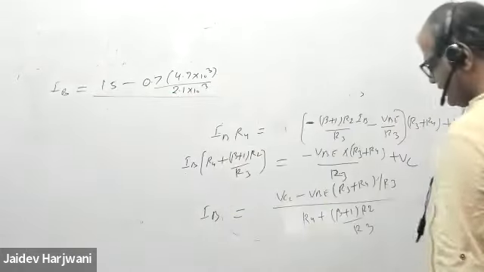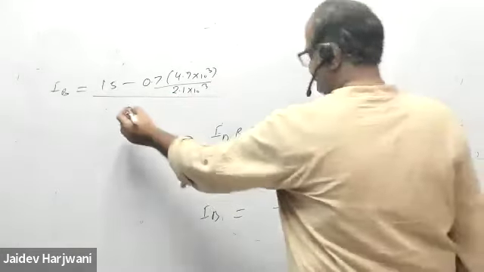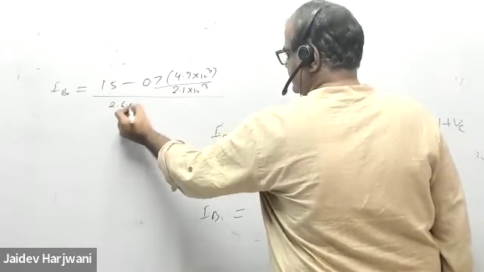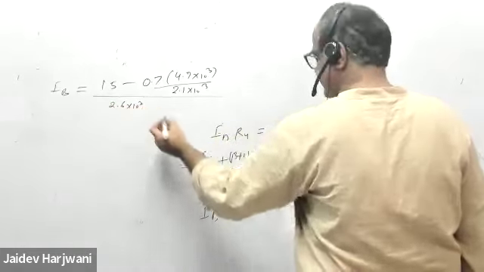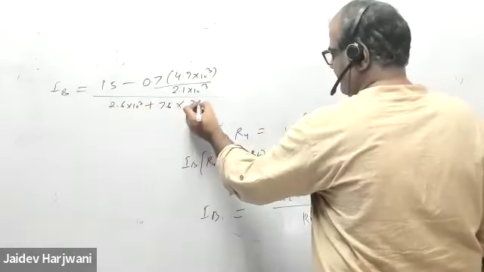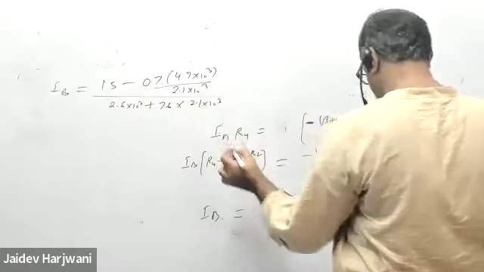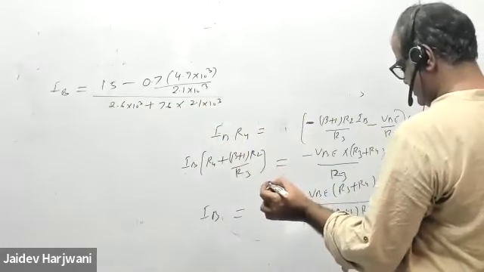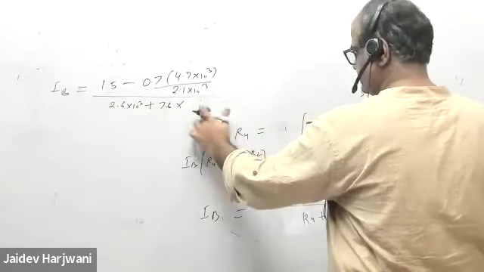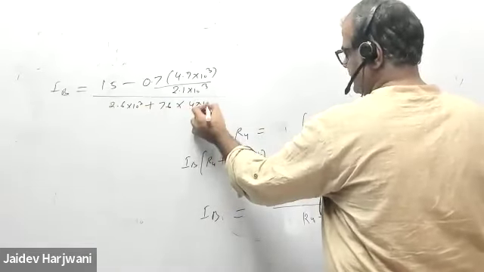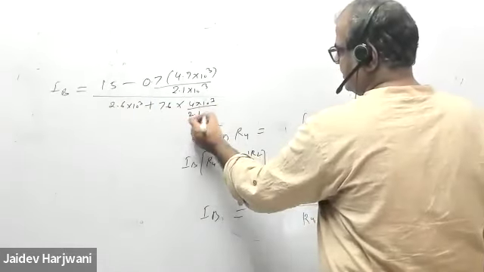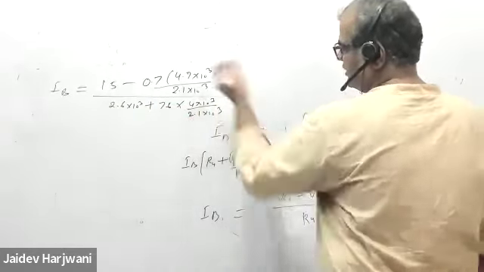R4 is how much? 2.6 kilo ohm. And beta plus 1 is 76. R2 is how much? 4 kilo ohm. And R3 is 2.1 kilo ohm. Solve this. How much is coming?